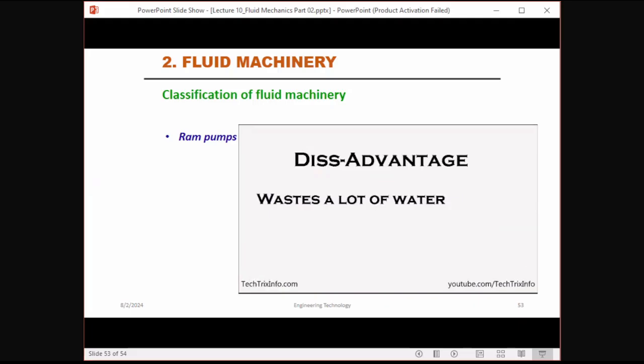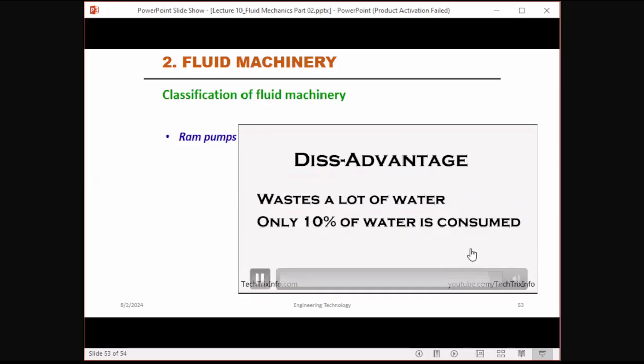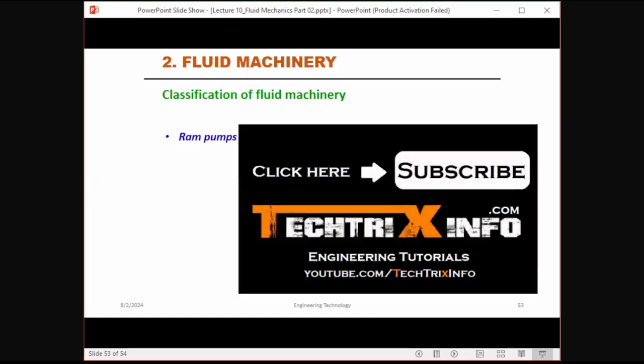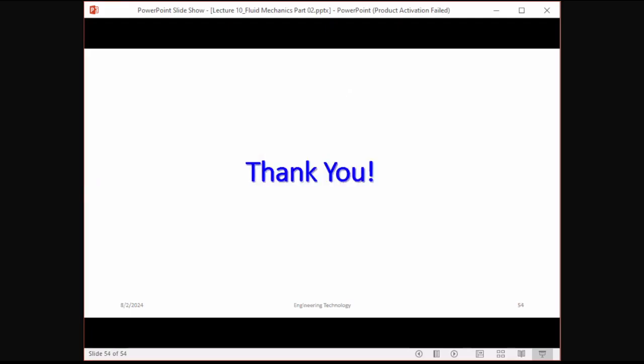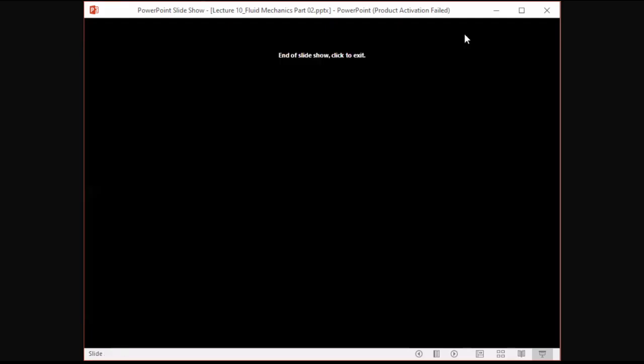It wastes a lot of water. As the waste gate or the waste valve opens, water is pushed outside so that a fresh amount of water can be taken from the uphill to develop pressure inside the ram pump so that the next pumping can happen. So almost 10% of the water is being used and the other 90% is wasted through the waste valve in a ram pump.